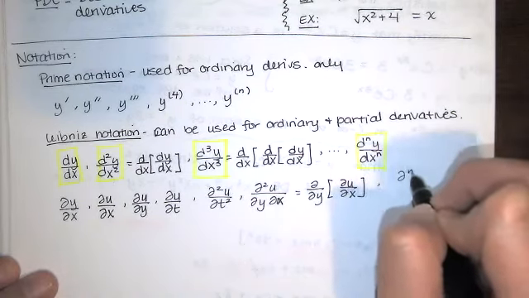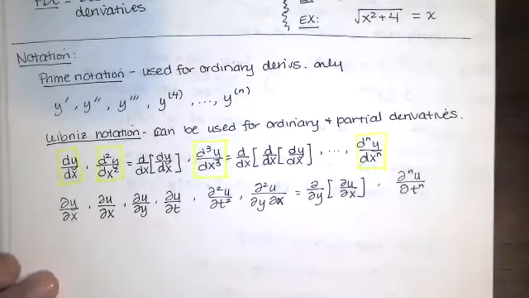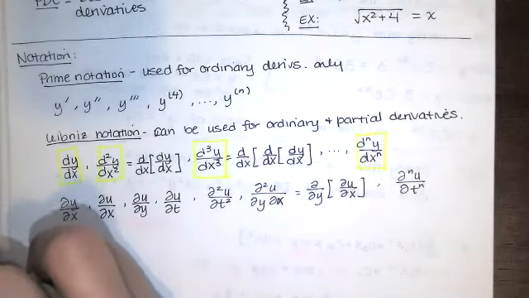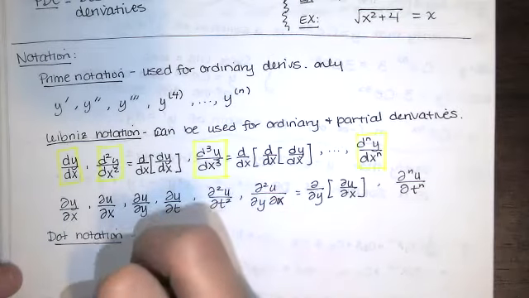So let's say the nth derivative of u with respect to, let's say t looks like that, and so on. Okay, so that's Leibniz notation. Now we also have dot notation. And this is used for ordinary derivatives only.